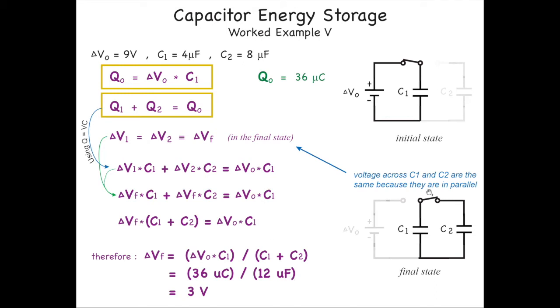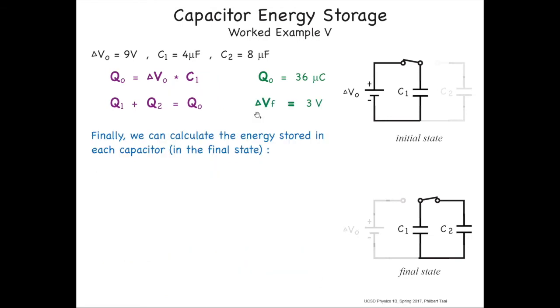So the voltage across each of these capacitors ends up being 3 volts after the switch is flipped to the right-hand side.